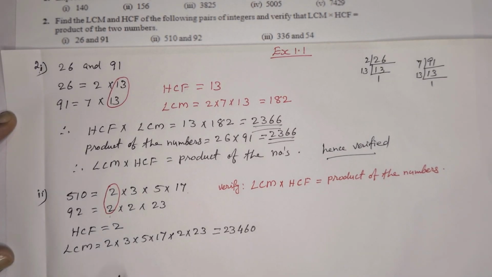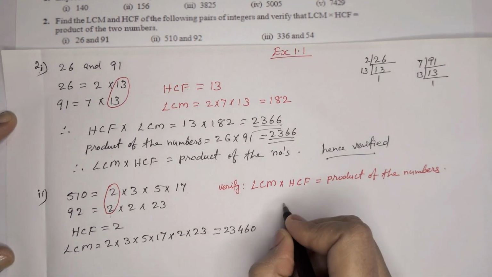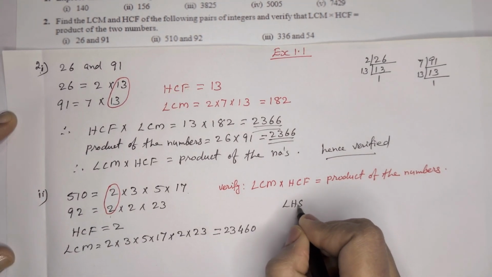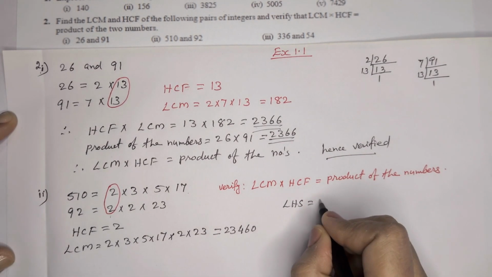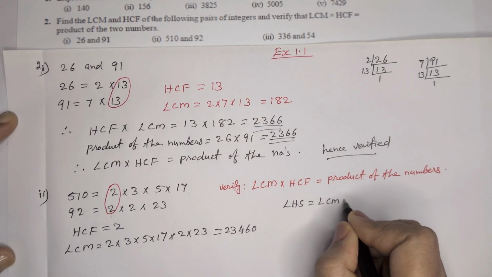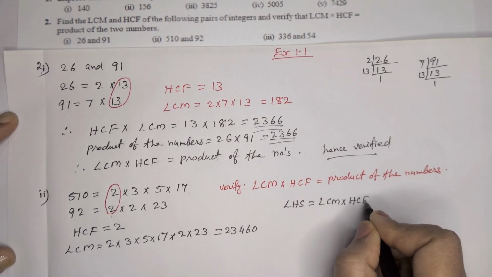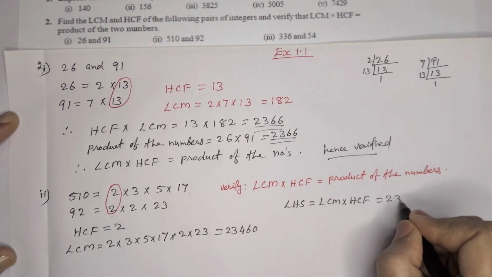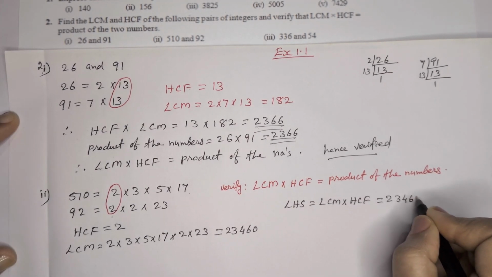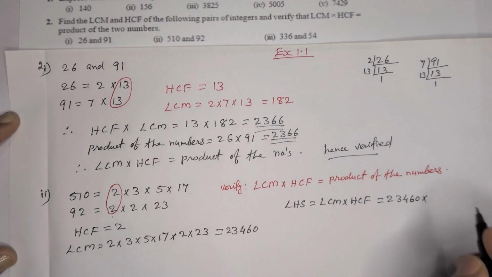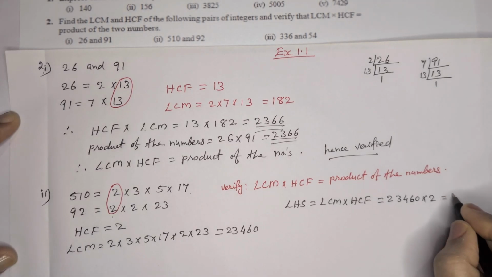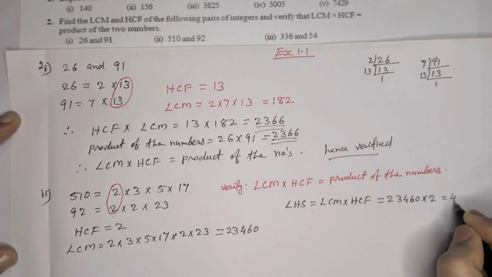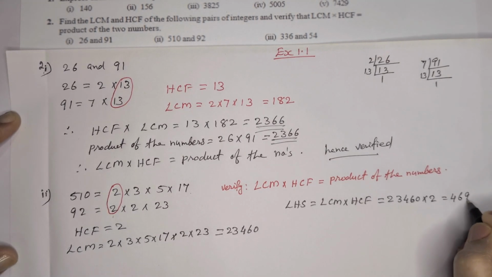Now we have got these two, we have to verify HCF into LCM. So we take LHS, that means LCM into HCF, which is equal to 23,460 into HCF, which is 2, which is equal to 46,920.